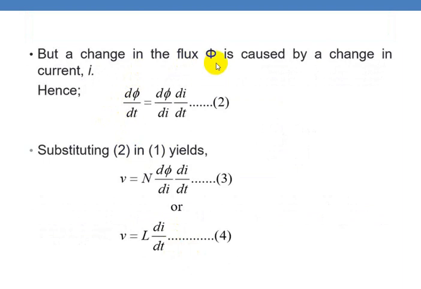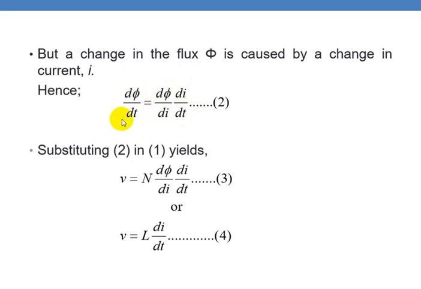But a change in flux phi is caused by a change in current. So therefore, we can write d phi by dt as, you multiply and divide by di by dt and rearrange the terms. So you will get d phi by di into di by dt.